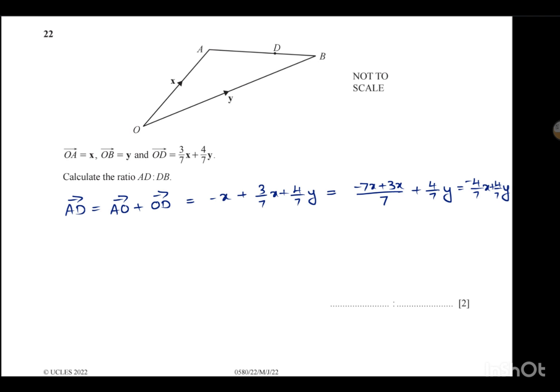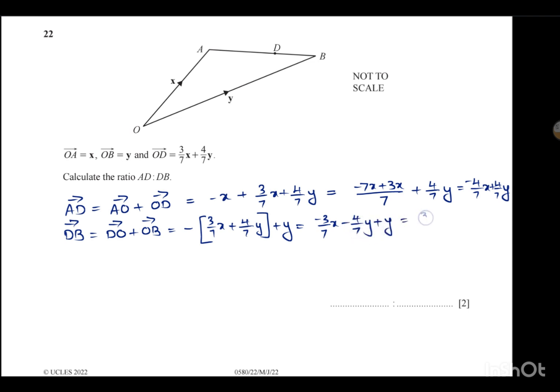Next we will find out DB. DB is equal to DO plus OB, where DO is negative of OD, which is 3 by 7x plus 4 by 7y, plus y. So taking the negative inside the bracket, minus 3 by 7x minus 4 by 7y plus y.